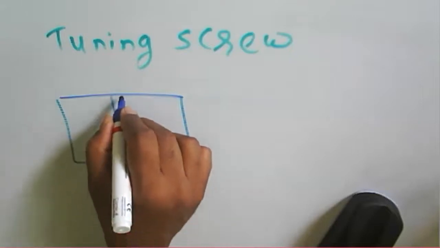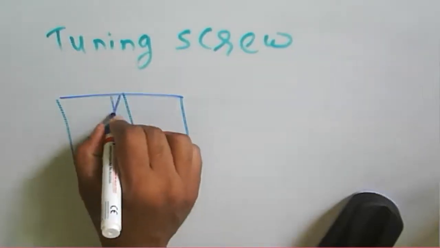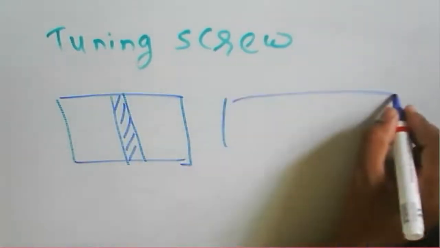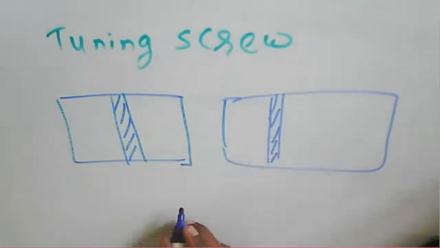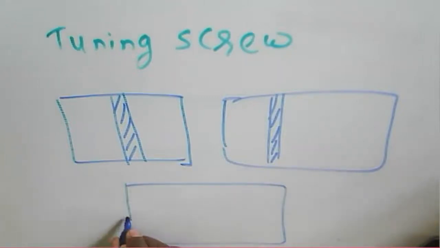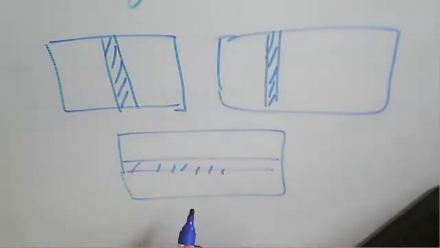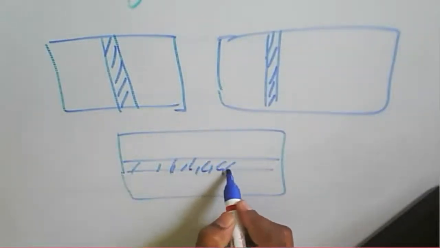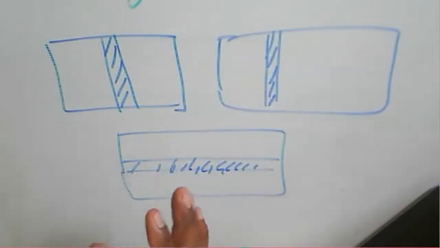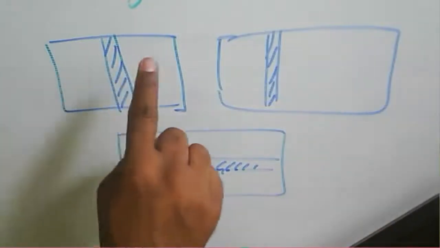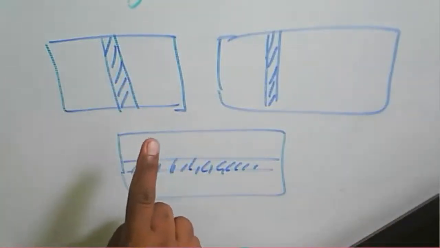If we insert it at the central side of the guide, or off-central, like a horizontal bias instead of a vertical one, then for a given section, if the screw is near the side of a wall, it will cause a greater reflection than at the central or vertical position.